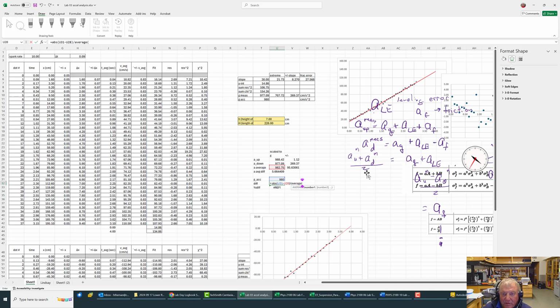AVERAGE, average of measured, comma, accepted. Oops. There it is. Entered, and that's not so bad. Oh, wait a minute, we're not supposed to do that. We're just supposed to do the difference for now. That's right.